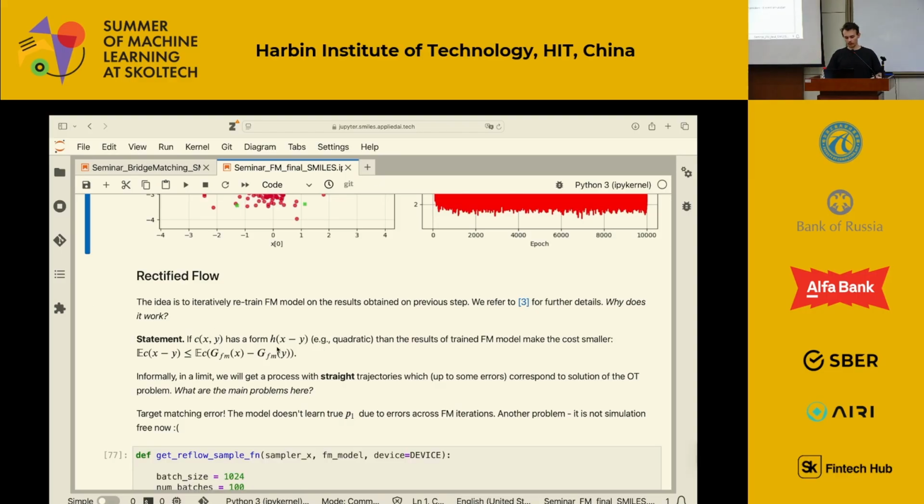This can be formulated more rigorously: the straightening of trajectories is equal to minimizing some kind of quadratic cost function between your samples from x0 and x1. If you have samples x0 from one distribution and you want to minimize some quadratic cost of transporting to the distribution P1, then minimizing this quadratic cost is basically the task of finding the shorter path to the distribution P1.